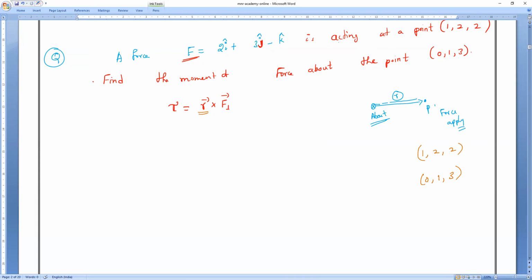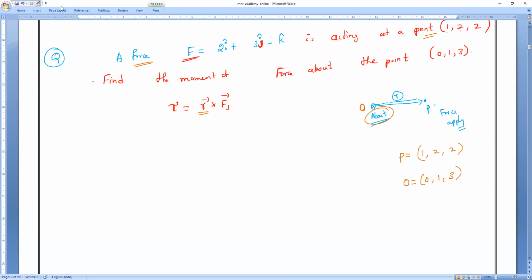A force F is acting at a point, so that is the point P. Let me take the axis as O. P is 1 comma 2 comma 2, and the next point becomes the fixed point, O.